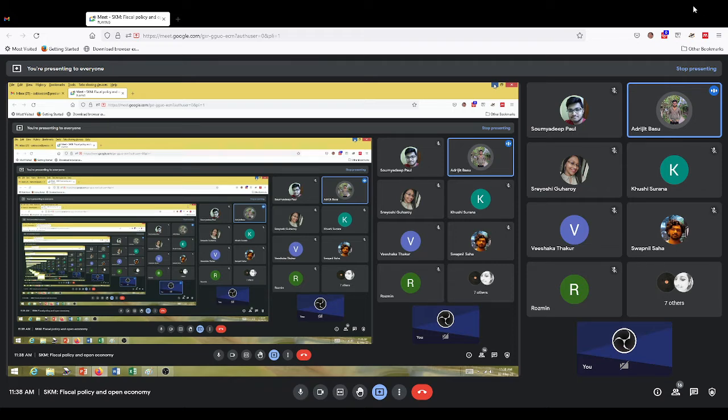So this will be the I plus G, and this is the S plus T. If you want to add exports, so this gap is the exports.